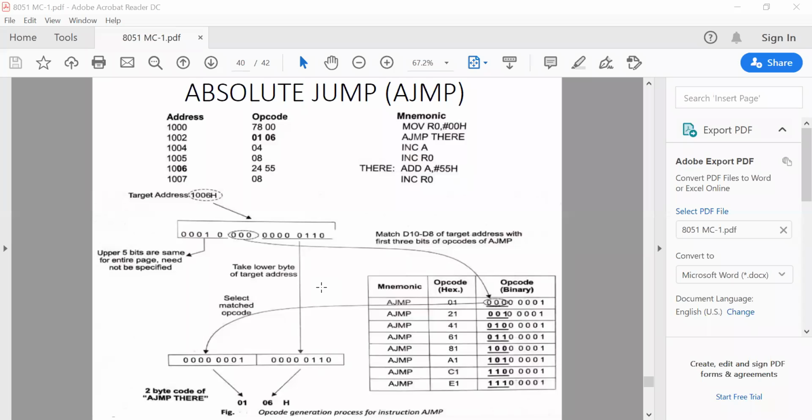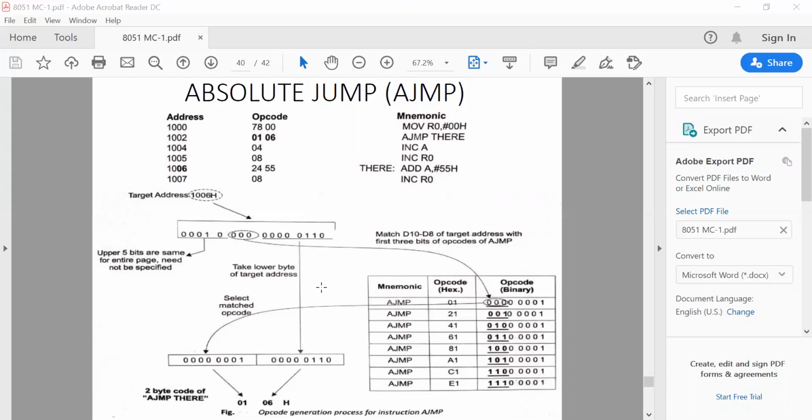Now you have to remember that a jump is the special instruction for which there are 8 opcodes. This is an example of compromise between the number of instructions possible for the 8051 and the number of bytes required for a jump instruction.